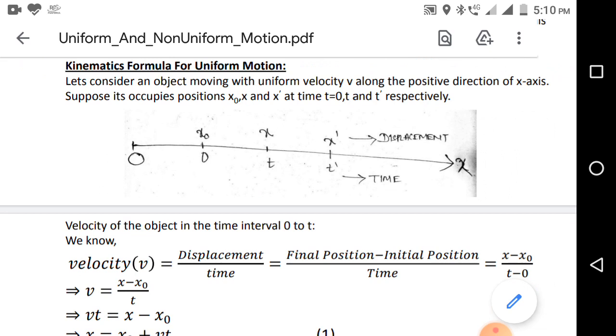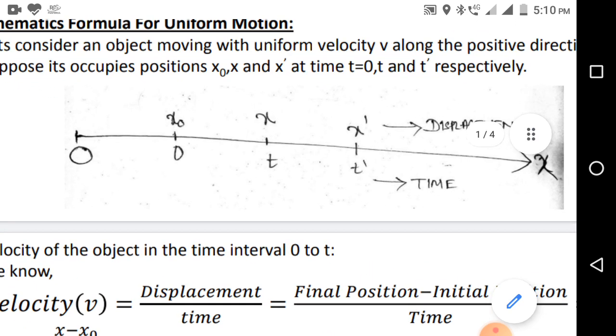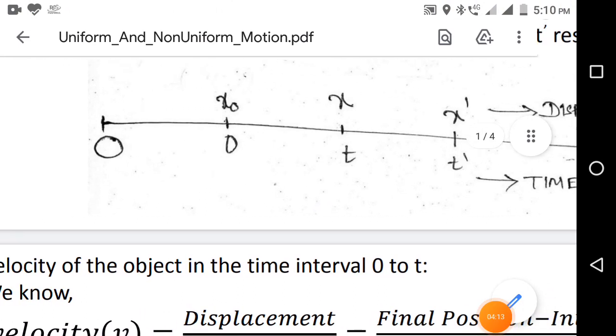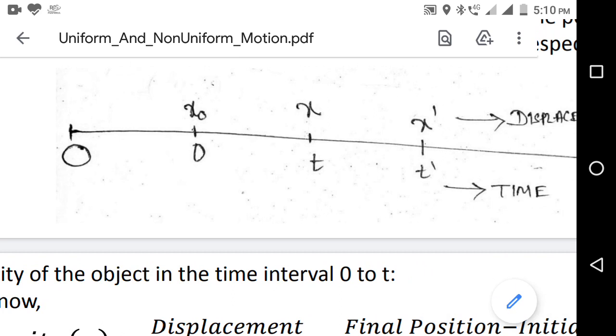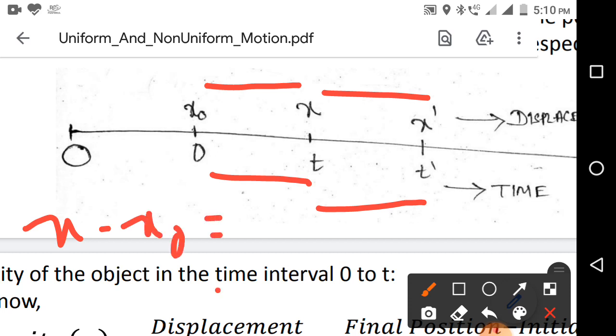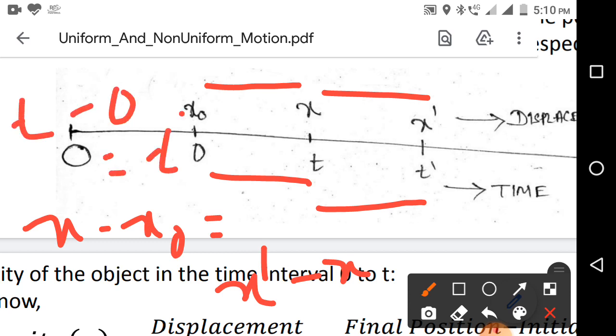As the body is moving with uniform velocity, the displacement between x0 and x is the same as between x and x dash, and the time frame between 0 to t is the same as between t and t dash. That means x minus x0 is equal to x dash minus x, or t minus 0 equals t dash minus t. So both time frames are equal.